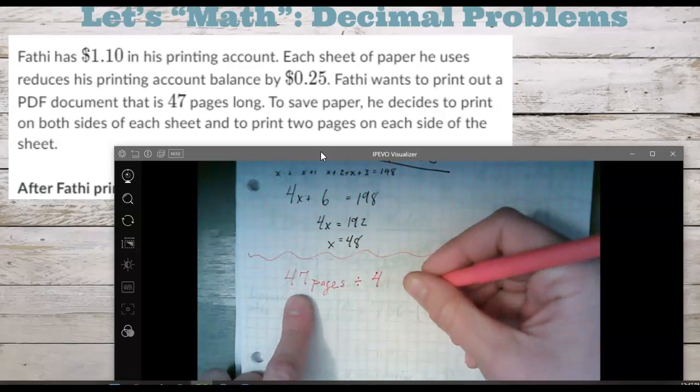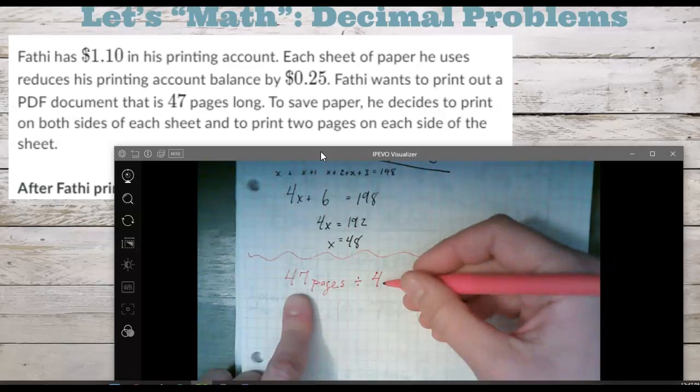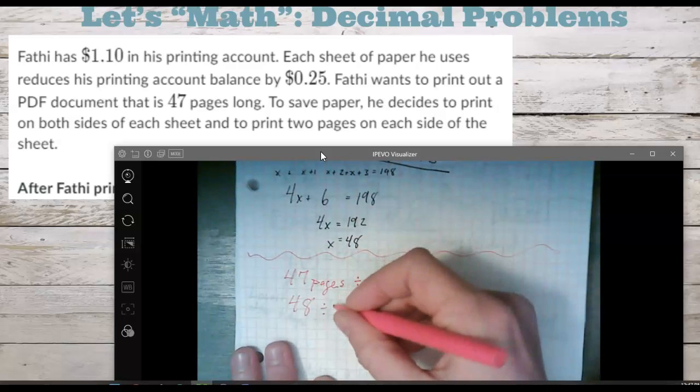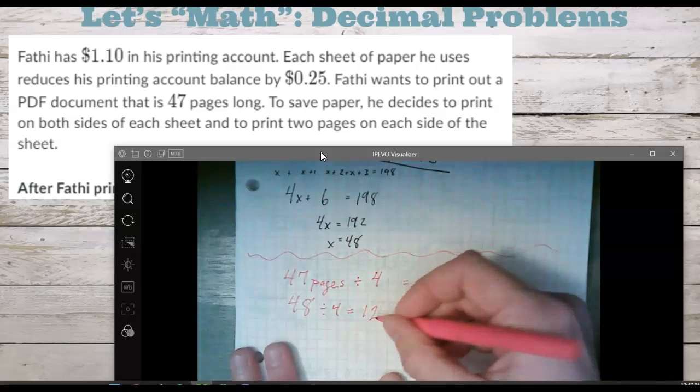Now, that doesn't come out nicely, but what could we do to 47 to make this nicer? What would divide by 4 a lot easier than 47? Yeah, 48. So 48 divided by 4 is 12.